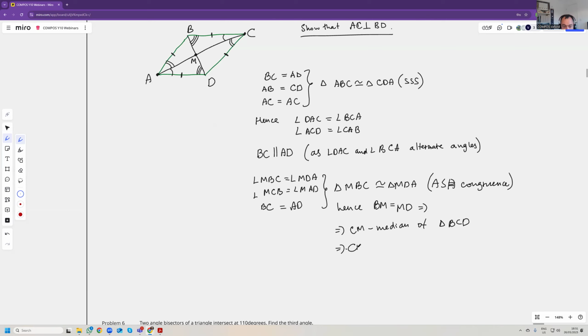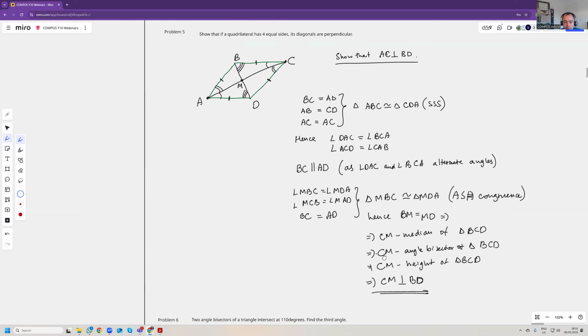So therefore, CM is the angle bisector of triangle BCD. And also it means that CM is the height of triangle BCD. Right, so if it's the height, that means that CM is perpendicular to BD. And that's what we need to prove.